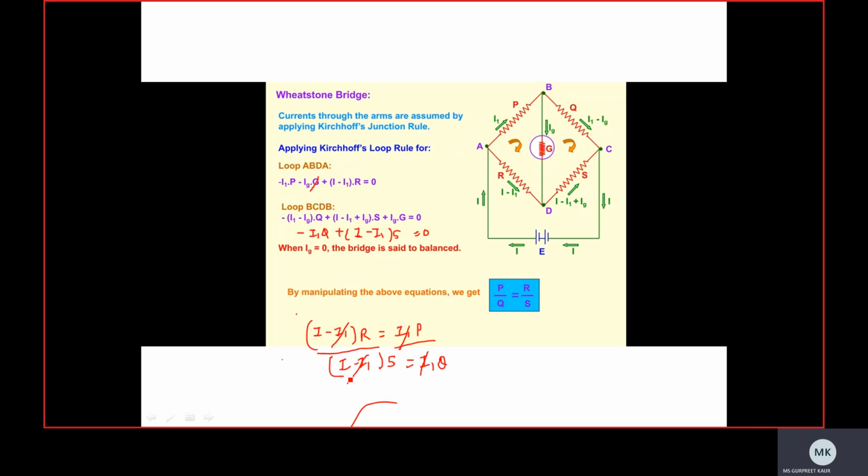So finally you will obtain the condition for balanced Wheatstone bridge, that is P by Q is equal to R by S. This is the balanced Wheatstone bridge.